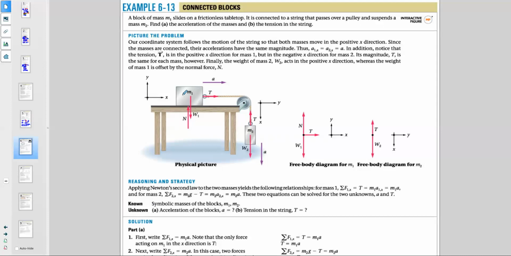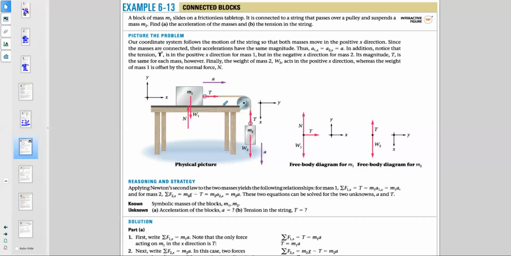It is connected to a string that passes over a pulley and suspends a mass M2. Find A, the acceleration of the masses, and B, the tension of the string. This is the exact same configuration as the Atwood machine.